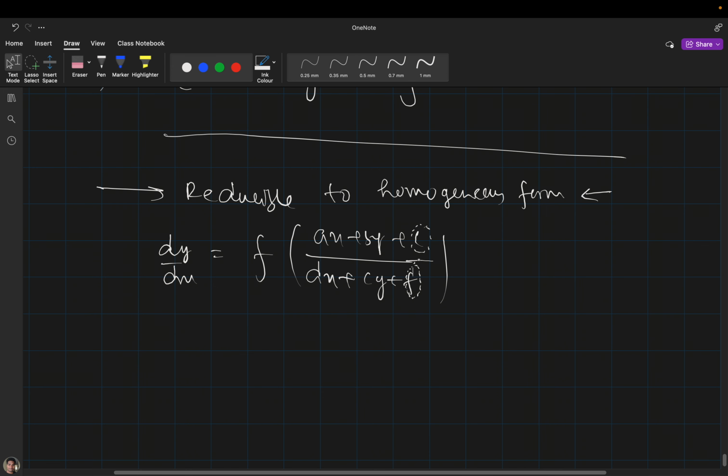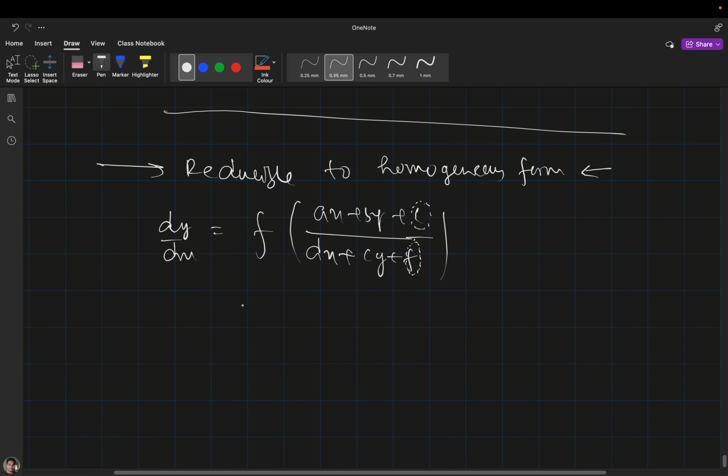So for that, what will I do? I will substitute x as capital X plus h, and y as capital Y plus k.